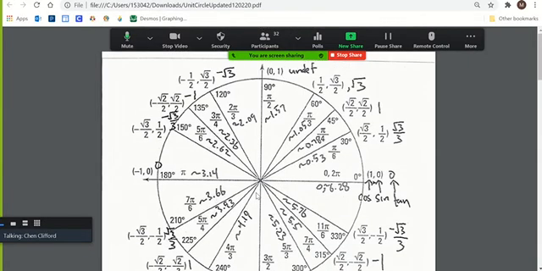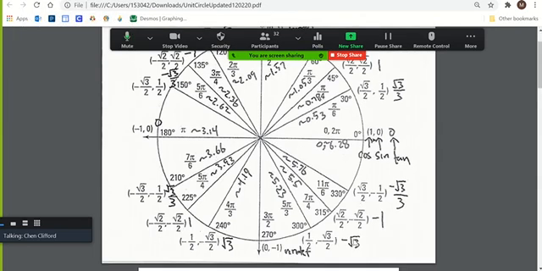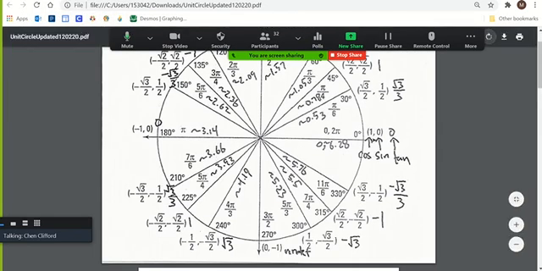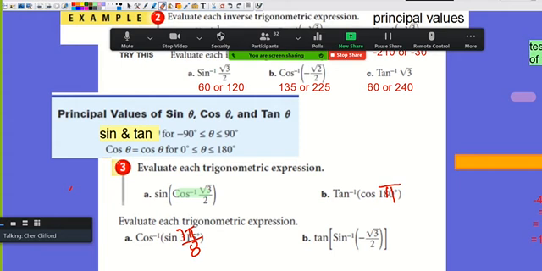Inverse cosine of root 3 over 2 is going to be 30. 30 is one of them right here, and also negative 30 or 330. Which one fits inside this criteria over here? It's 30. So this essentially just becomes 30.